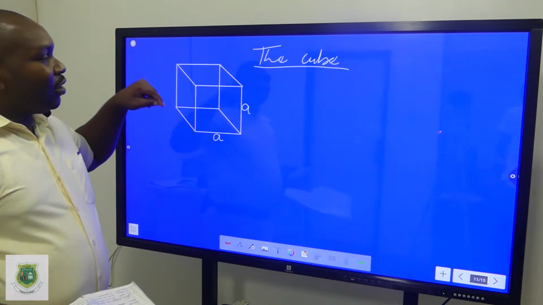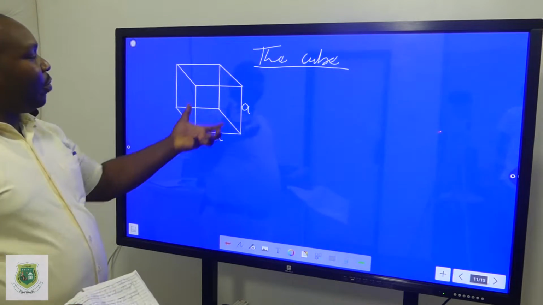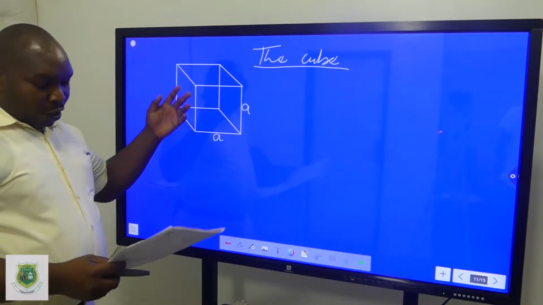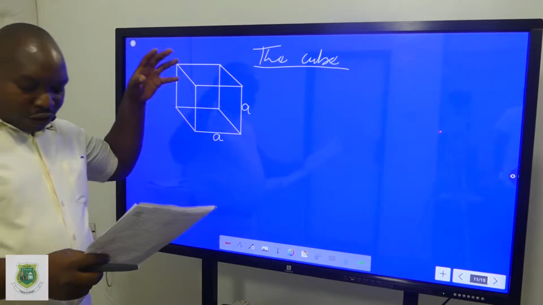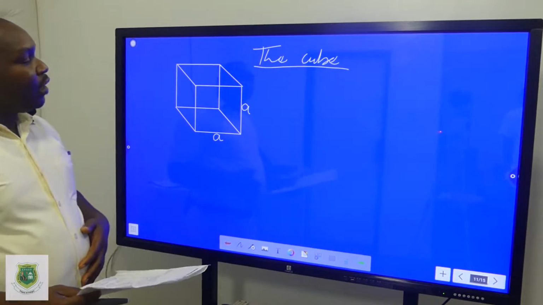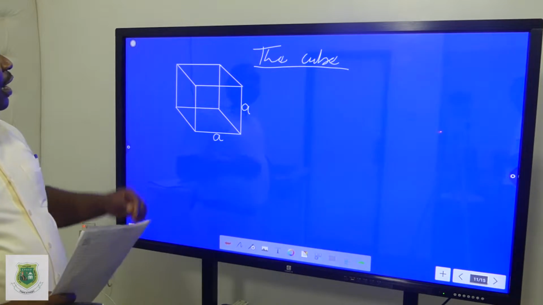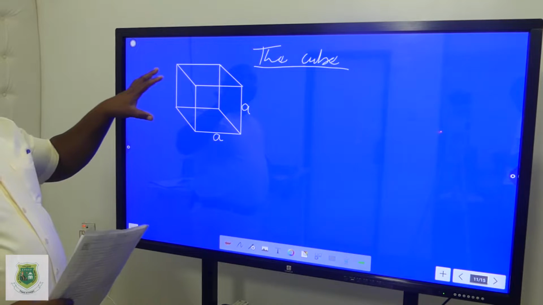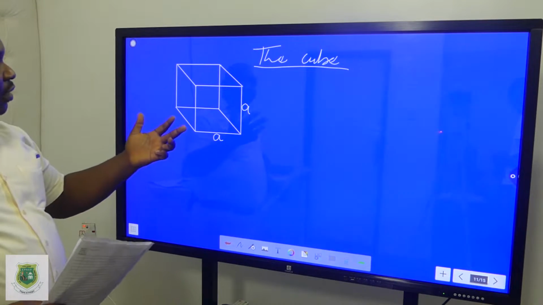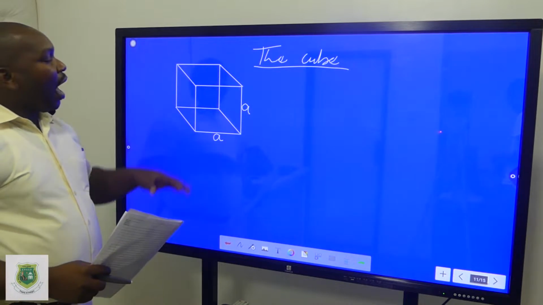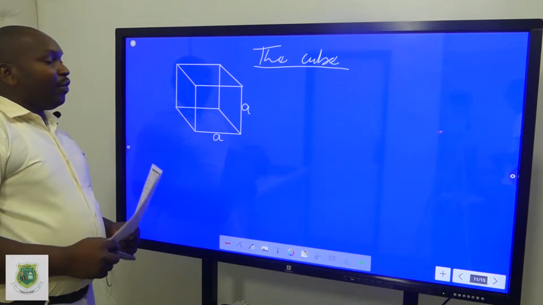The solid ones, we have cube shape. The cube is a solid shape with 6 faces. Remember, we said that the attributes of any solid shape is face, edge, and vertex. So the cube has 6 faces.